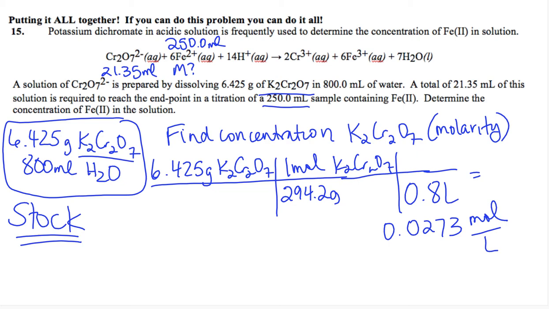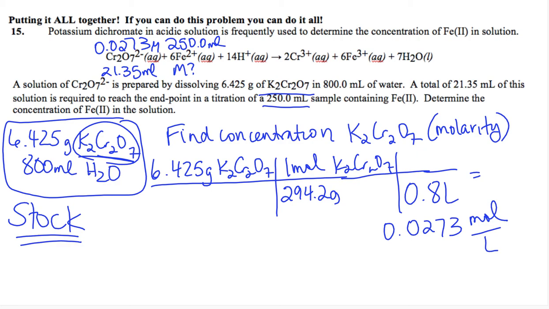For every 1 mole of potassium dichromate, I have 1 dichromate. All right? So if I needed the moles of potassium, what would I do? Multiply by 2. All right? So anyway, we know then that this is the concentration that we're looking for, 0.0273 molar.